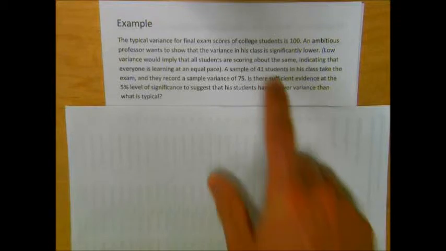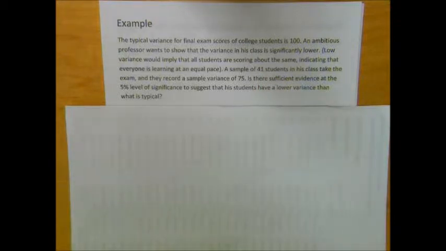So while professors are interested in high grades, they're also interested in consistent grades. A sample of 41 students in his class take the exam and they record a sample variance of 75. Is there sufficient evidence at the 5% level of significance to suggest that his students have a lower variance than what is typical? Recall that typical is 100.